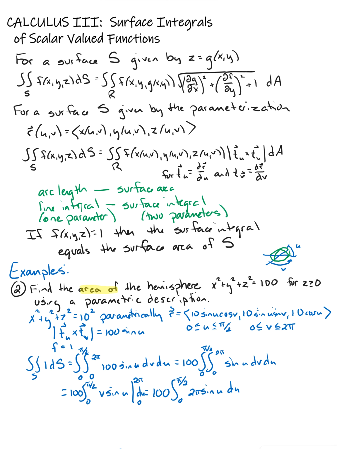Okay, I can factor out the 2 pi, so we get 200 pi times the integral from 0 to pi over 2 of sine u du, which is 200 pi times negative cosine u evaluated from 0 to pi over 2.